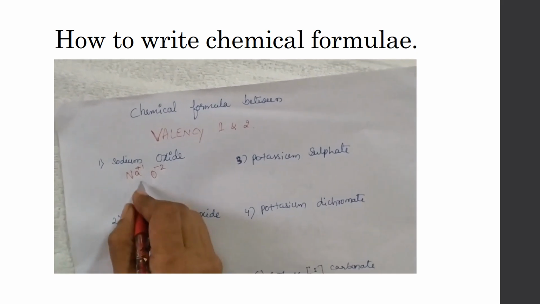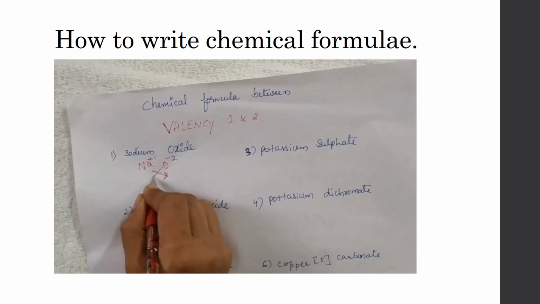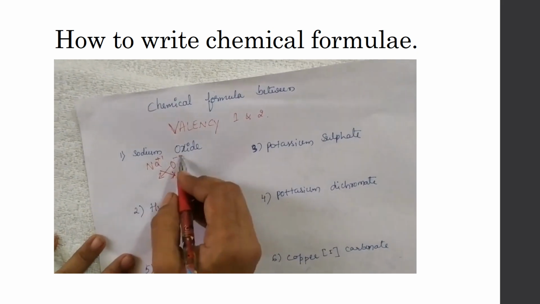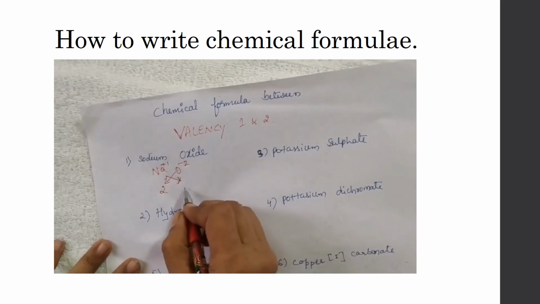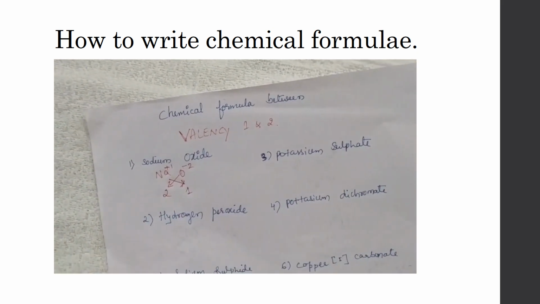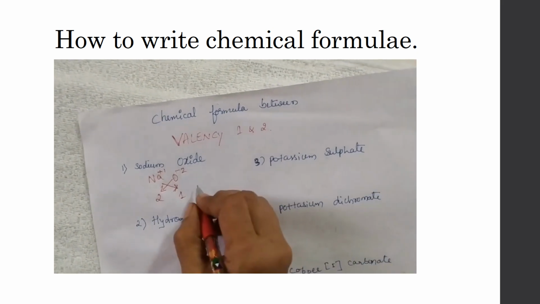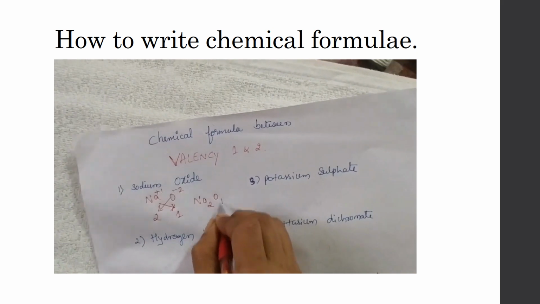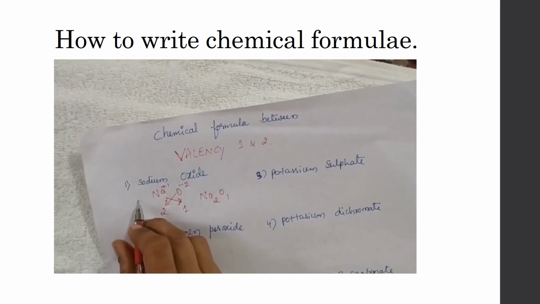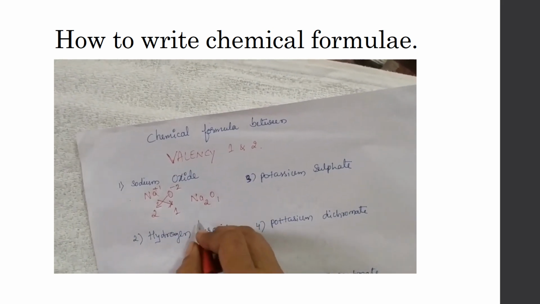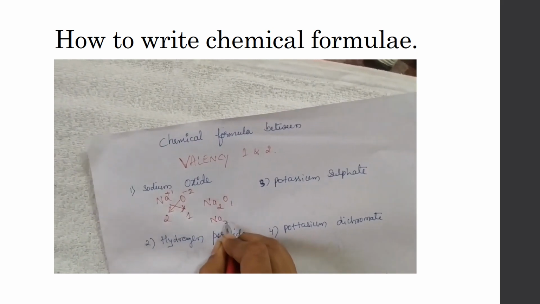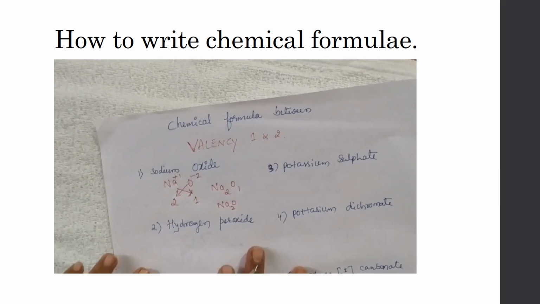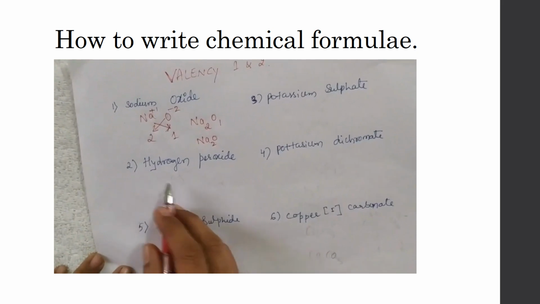Now we will exchange the valencies like this: 2 like this, 1 like this. Now Na becomes 2 and O will be 1. Now the formula for sodium oxide is Na2O. Next we will move on to hydrogen peroxide.